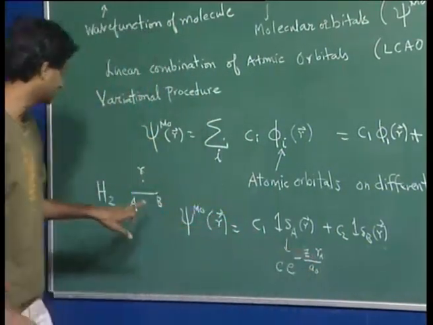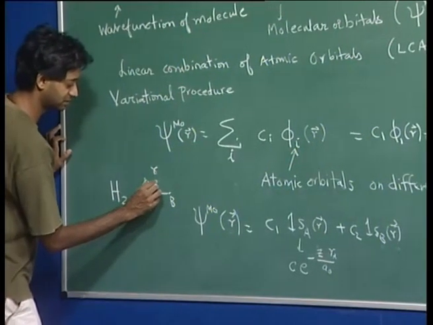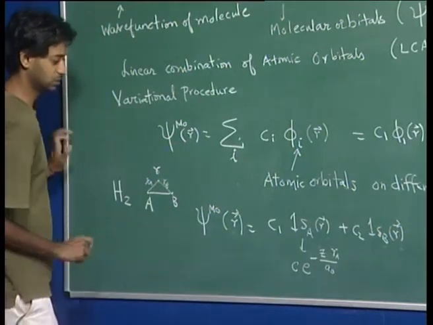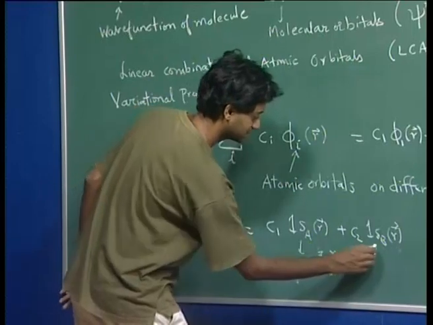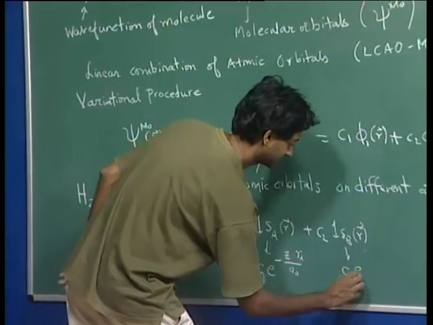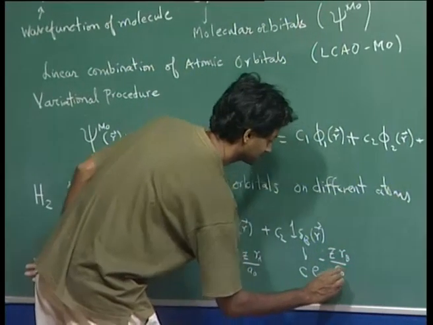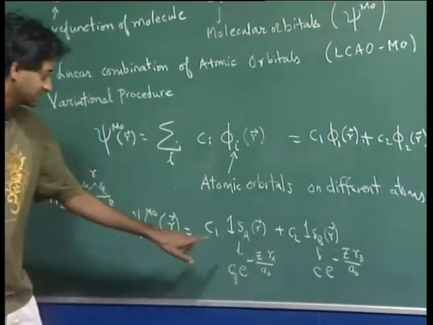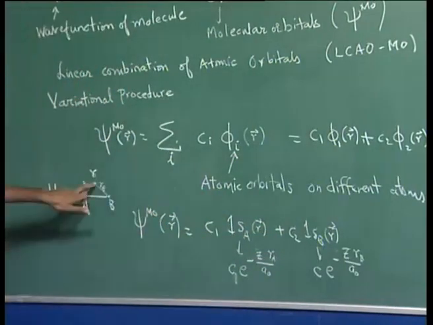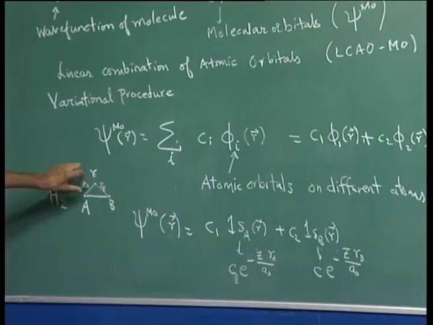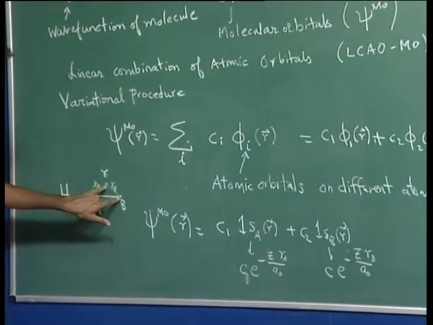So R A is the distance of R from A. So this is R A, and if this is R B, similarly this will be C times e to the minus Z R B by a naught. Since they are centered at different atoms, the resulting function will be different. So 1s A will depend on this distance, 1s B will depend on this distance.